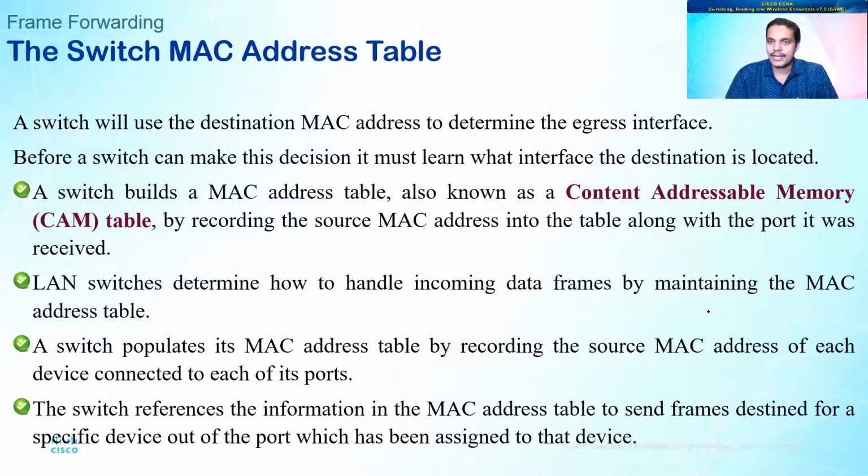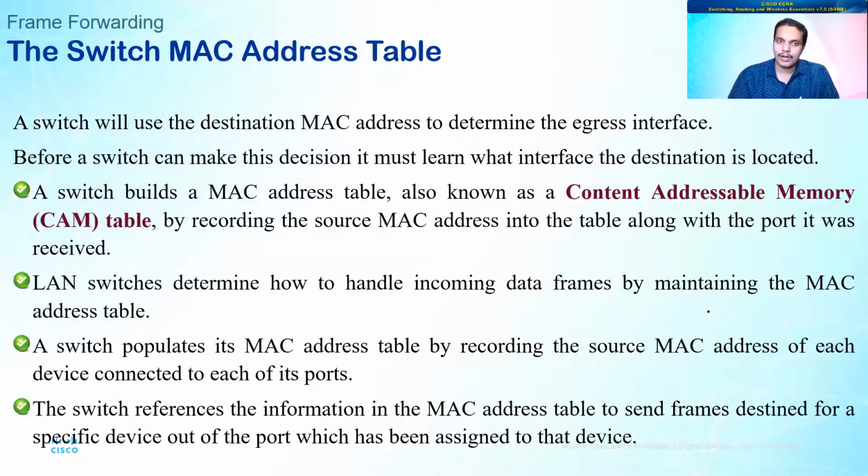It does this by recording the source MAC address into the table along with the port it was received on. Now, when a switch receives a frame from a particular PC A on port number 1, it writes this entry into the MAC table saying that port number 1 belongs to PC A.